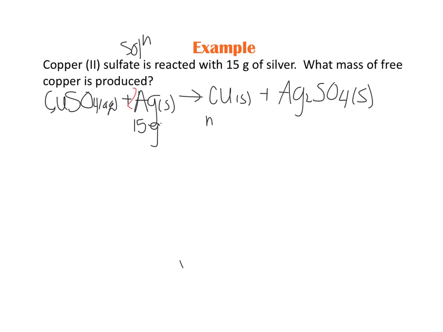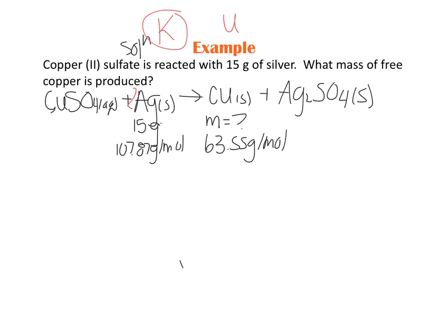And we're looking for the mass of copper. So we're going to write out our molar mass, which is 107.87 grams per mole for silver. And copper is 63.55. So we're treating silver as our known and copper is our unknown.